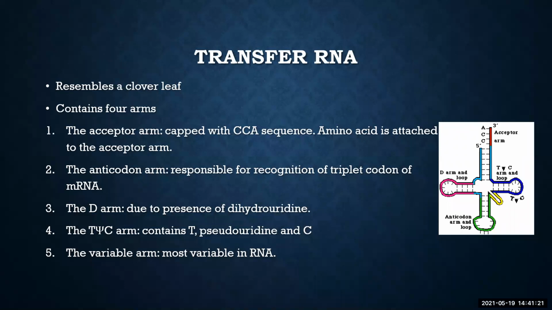So that part of reading the code is done by the anticodon arm, and based on the recognition, the acceptor arm will bring the specific amino acid. Then there are 2 arms which are named after the presence of certain nucleotides, the D arm and T5C arm. Then there is a variable arm which is the most variable. It keeps on changing. But the overall function of tRNA is to bring amino acid and attach it to the growing chain of proteins.